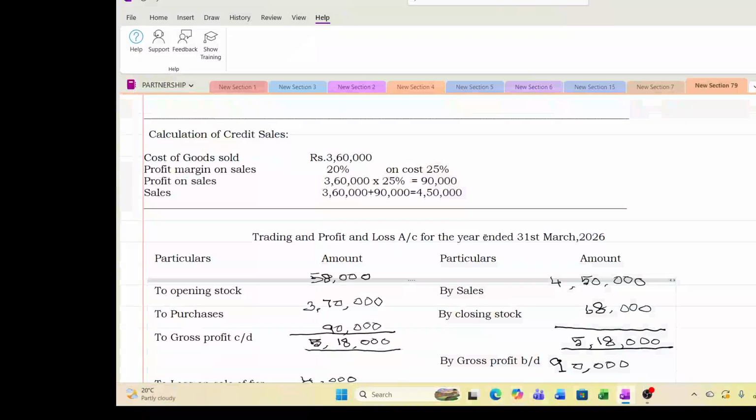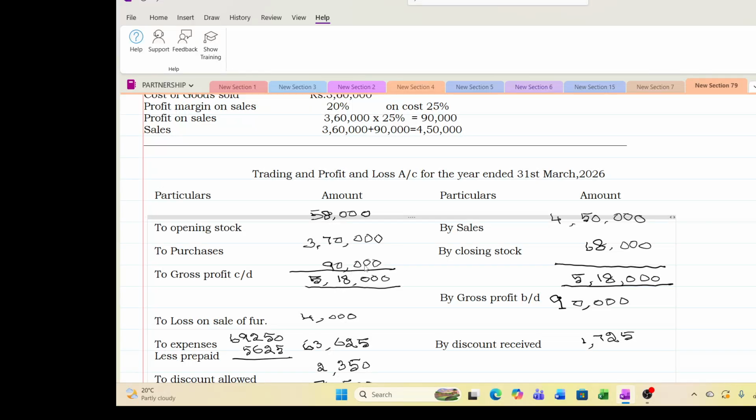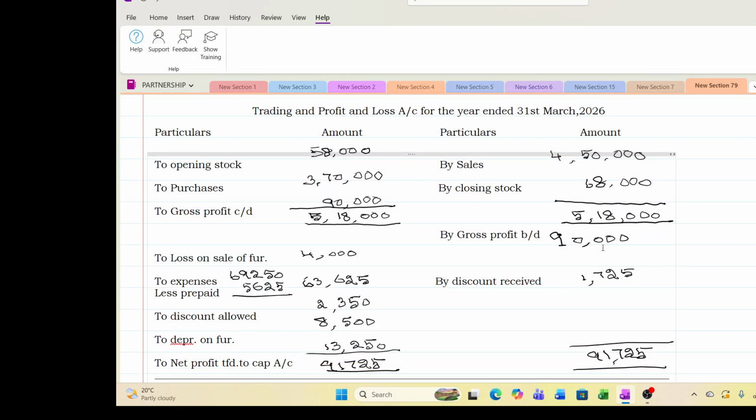Okay. Now let us close the trading account. When you close the trading account, the gross profit comes to 90,000. So, brought down that gross profit, we have got a loss on sale of furniture and the expenses paid after reducing the prepaid, and then discount allowed and depreciation 8,500.